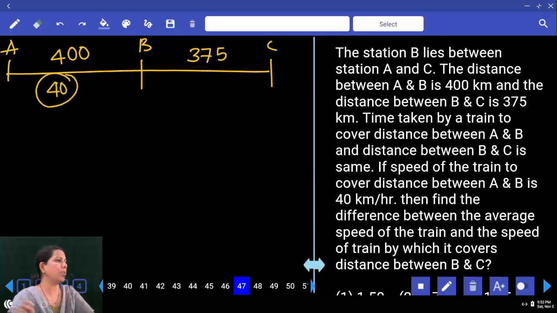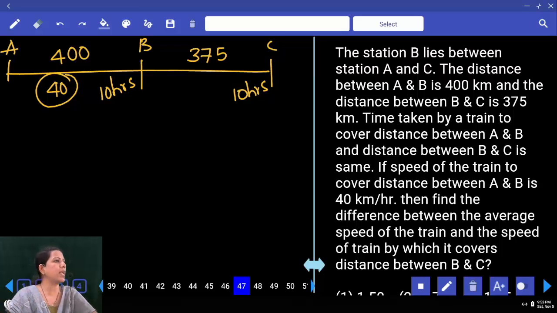What is distance between A and B? 400. With a speed of 40 means what is time of A and B? 10 hours. If A and B time is equal to 10 hours means definitely what is B and C time? 10 hours. What is entire journey time value? Entire journey time is 20 hours. Entire journey distance is 775.